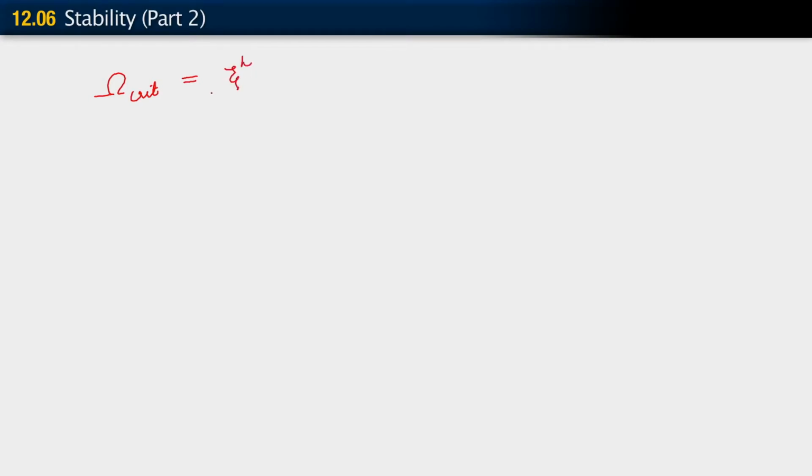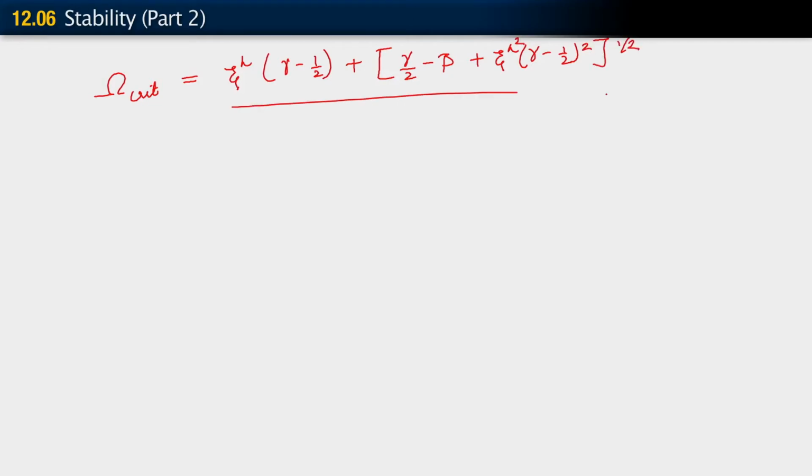CH, and again this is CH sub L really, but for every mode, CH times gamma minus half, plus gamma over 2 minus beta plus CH square gamma minus half, the whole square, all of that to the power 1/2, the whole thing divided by gamma over 2 minus beta. That's the critical frequency.